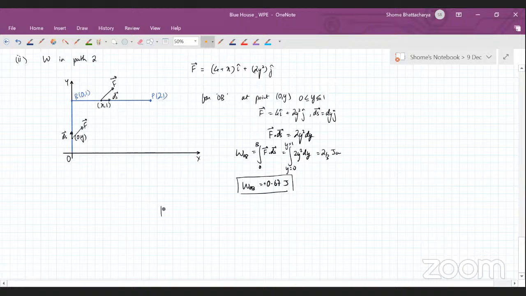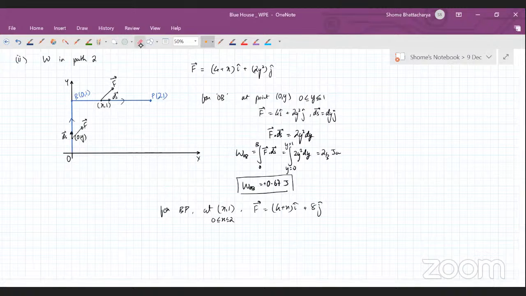So for the displacement along BP, at a general point (x, 1), the force is 2 j cap, but the displacement is dx i cap.